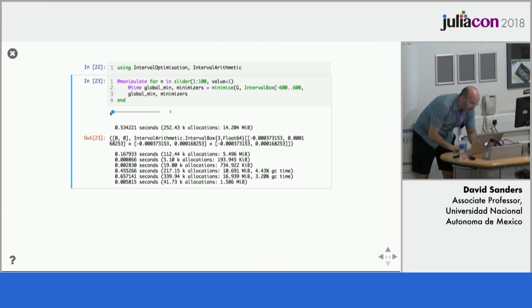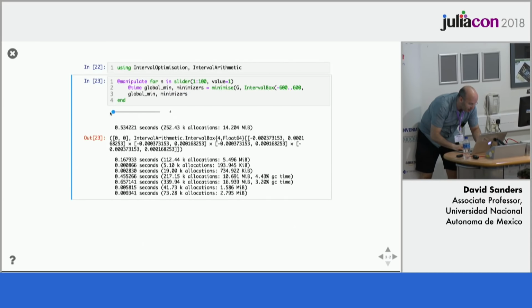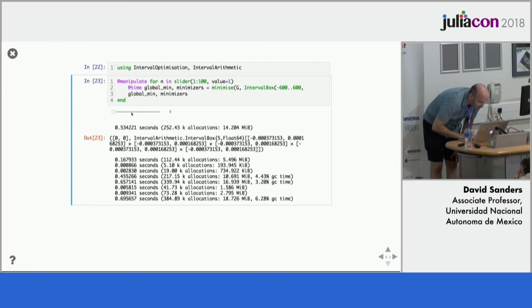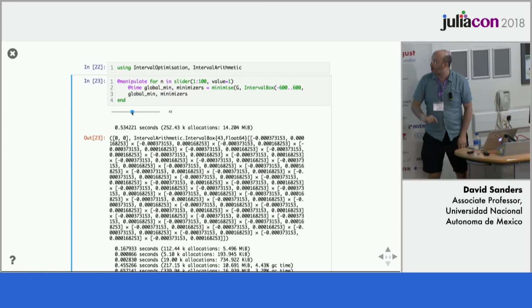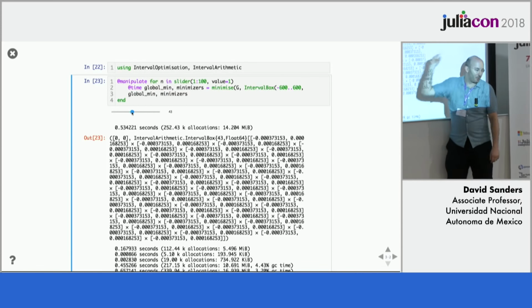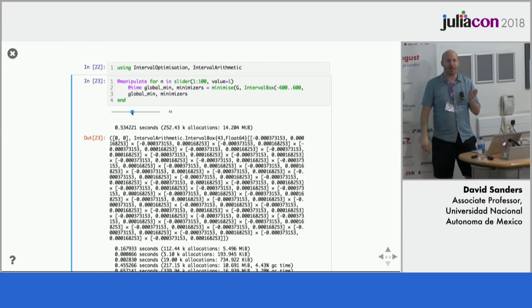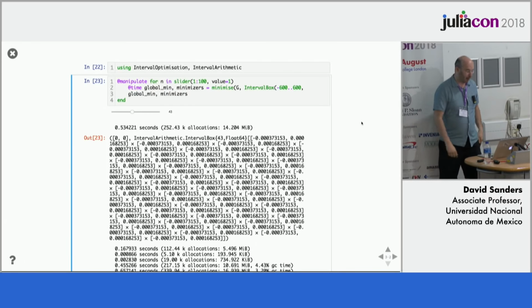If I go back to the previous value on the slider, it's super fast. So it's optimizing a 5-dimensional function in some small number of seconds. I can actually just jump up to something like 50 dimensions, and it'll take a while, but there is the global optimization of this function in 43 dimensions in a couple of seconds. So this is something like 10 times faster than the equivalent package in MATLAB, apparently.